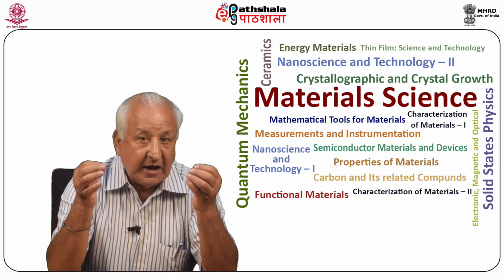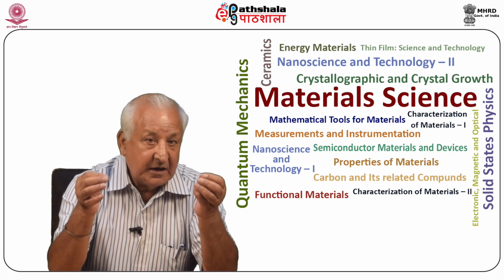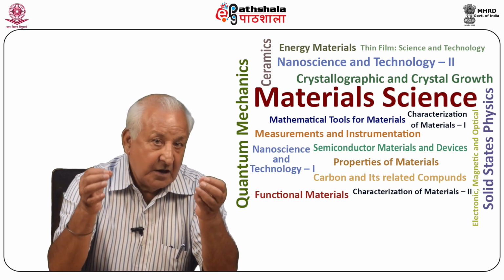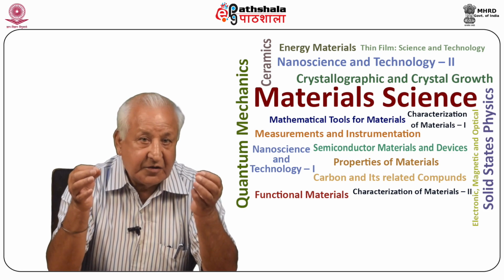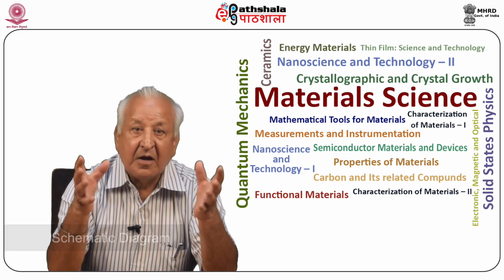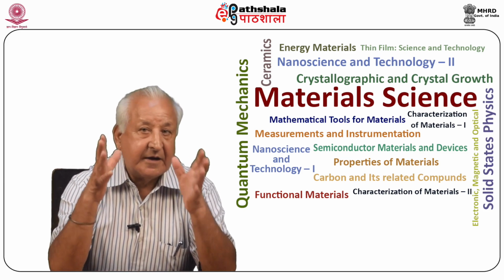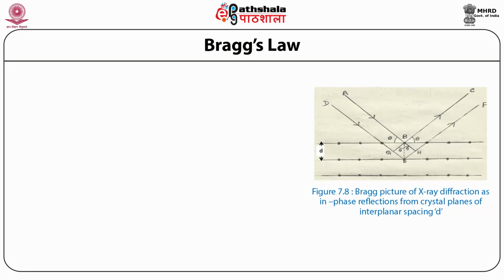That means the interplanar spacing is small d. Planes with interplanar spacing d are shown in the schematic diagram of figure 7.8. Figure 7.8 illustrates the Bragg picture of X-ray diffraction as in-phase reflections from crystal planes of interplanar spacing d.